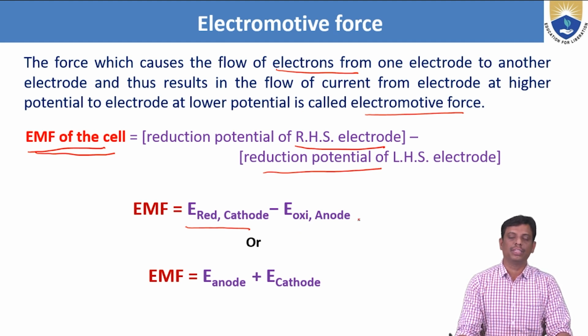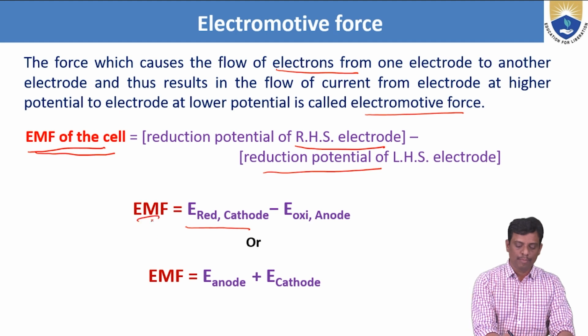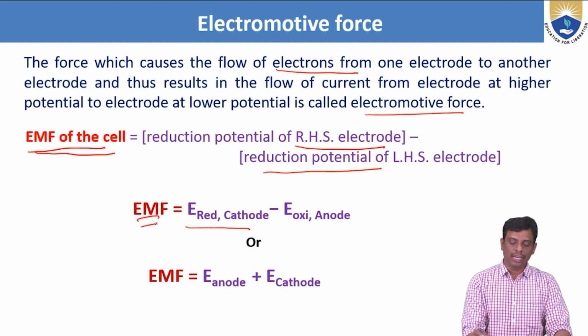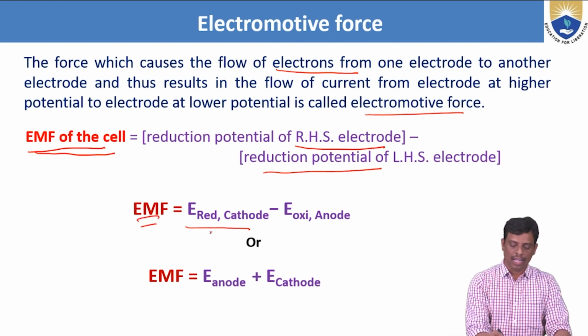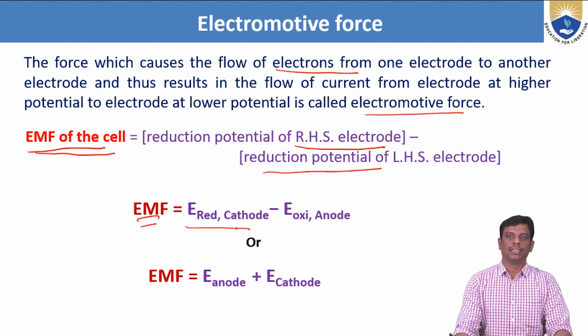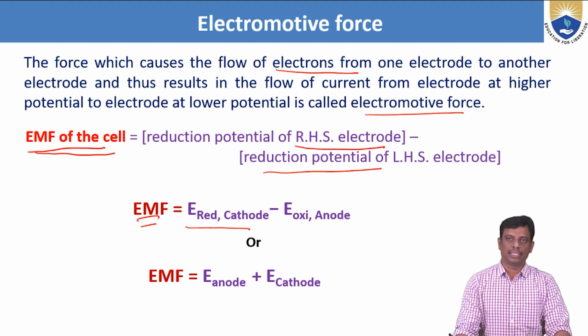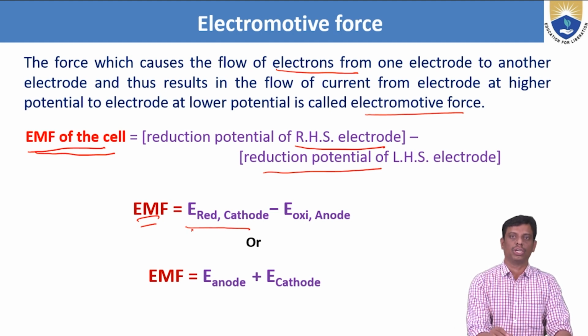We can also simplify that equation. The EMF is equal to E reduction, or E cathode. It means reduction takes place at the cathode, so that is the cathode electrode potential.